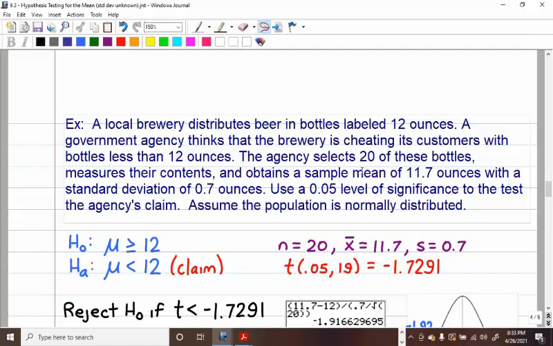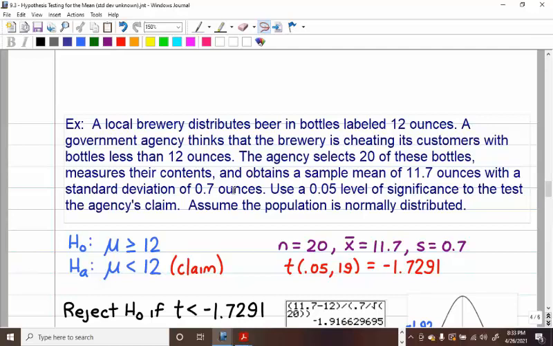The agency selects 20 of these bottles, measures their contents, and obtains a sample mean of 11.7 with a standard deviation of 0.7, and then uses a level of significance of 0.05. Notice the statement says standard deviation; because it's a sample mean, that implies sample standard deviation.